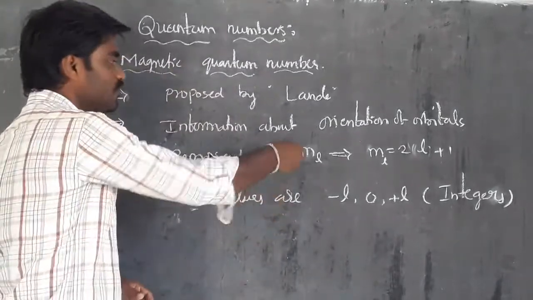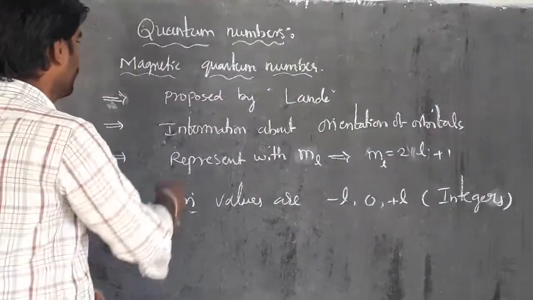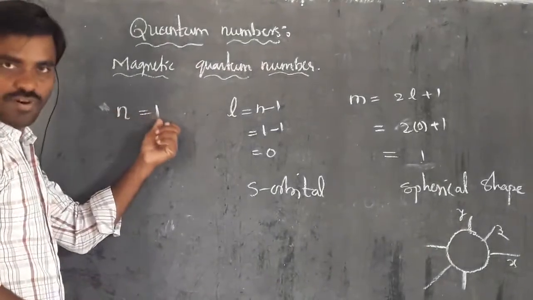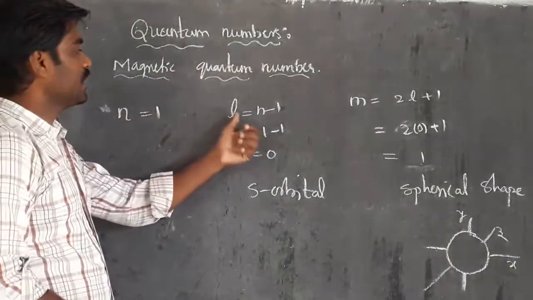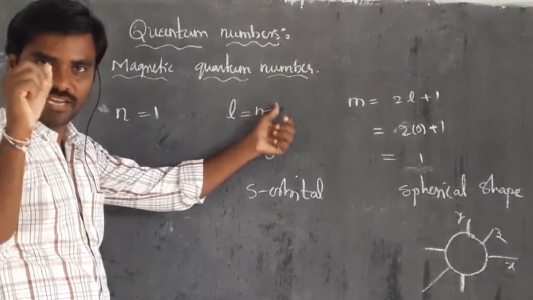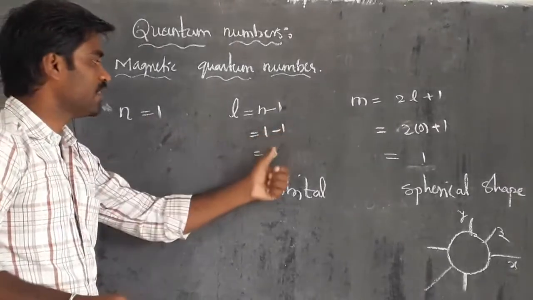How is it? We have to take examples. In the magnetic quantum number, first take n is equal to 1. The l value is l is equal to n minus 1, that is the principle to find the l value. The n value is 1, so 1 minus 1 is 0.